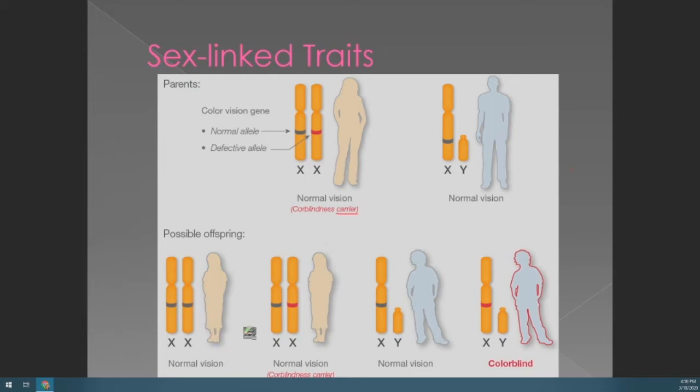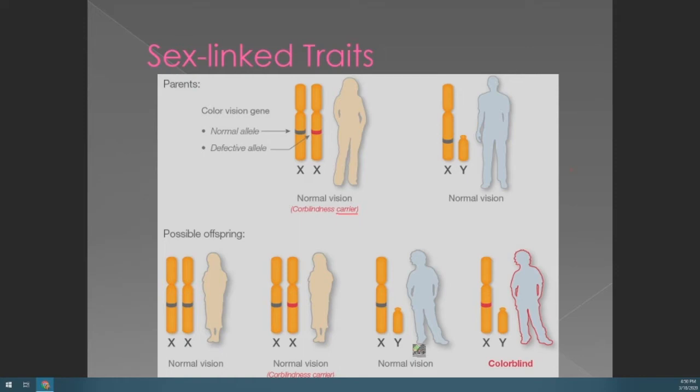Looking at the second individual here, we have another female, XX. She has a defective allele, and so looking at the parents, we know this defective allele came from mom, and then that means the normal allele came from dad. She is also going to be a carrier, which means she has one of the defective alleles but is not showing the trait herself.